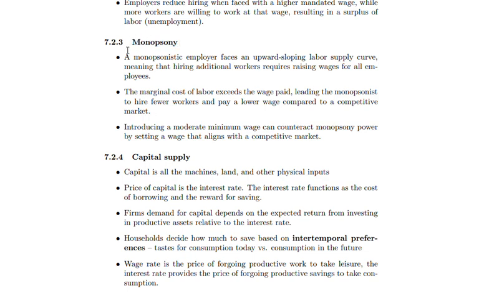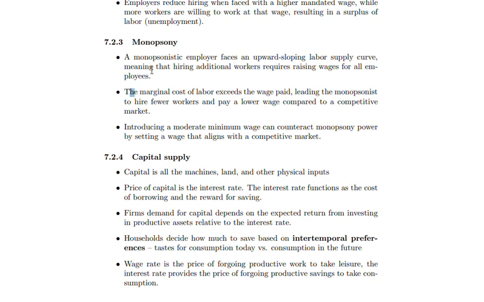Okay, the next part is monopsony. A monopsonistic employer faces an upward sloping labor supply curve, meaning that hiring additional workers requires raising wages for all employees, just like a pricing effect: to sell one more additional item, you need to lower all the prices of the items you sold before.